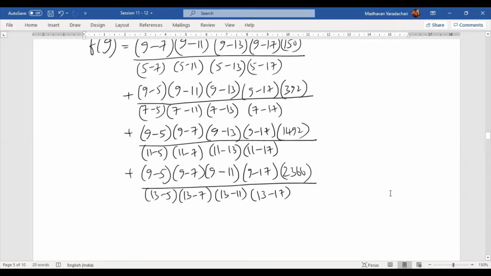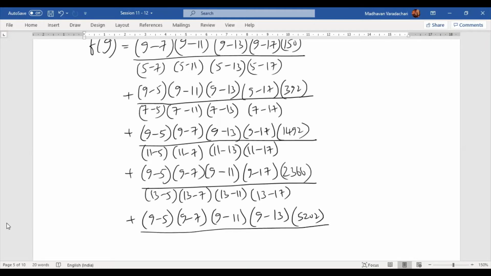Then the last term will be 9 minus 5, 9 minus 7, 9 minus 11, 9 minus 13 times 5202 divided by 17 minus 5, 17 minus 7, 17 minus 11, 17 minus 13.